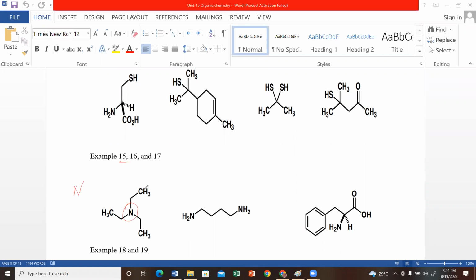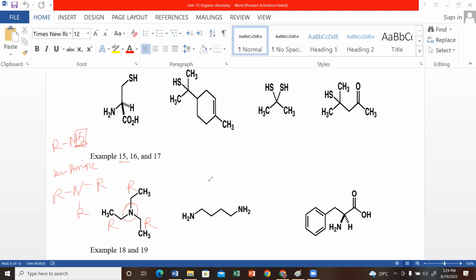Nitrogen is on one side connected with an alkyl group, that is R. The second side also R, and the third side also R. So that means nitrogen is bonded with 3 R groups. This type of functional group, as we have discussed, can you guess it? It is tertiary amine. Amino group was RNH2, but if we replace these two hydrogens as well with R, it would be tertiary amine.